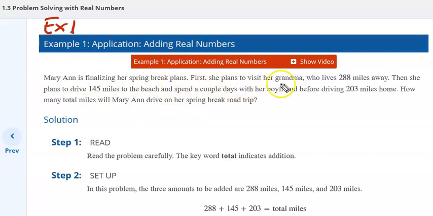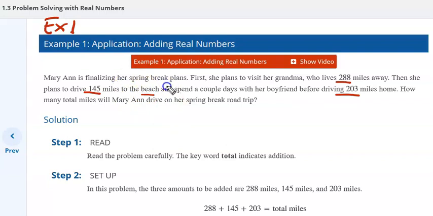First, she plans to visit her grandmother, who lives this many miles away. Then she plans to drive this to the beach, spend a couple of days, and then with her boyfriend drive this many miles back home. So how many miles will Marianne drive?